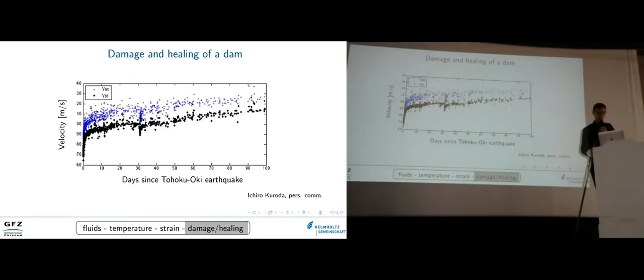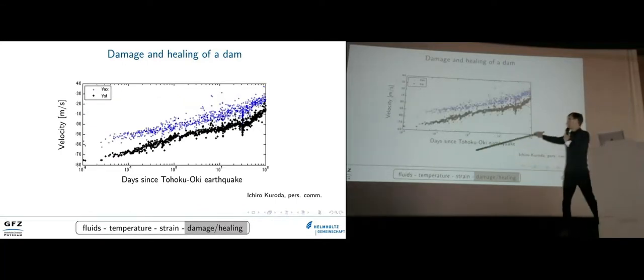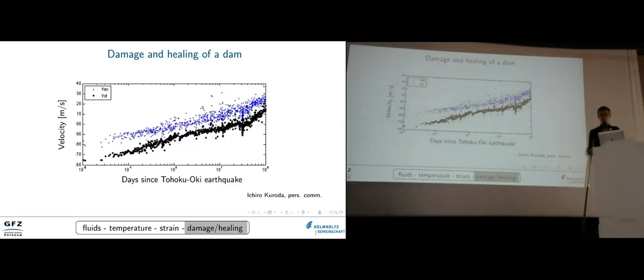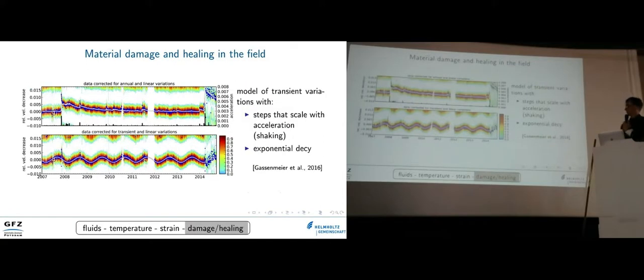And the interesting thing, and we will see that later, and we've seen that before, is that this shows this linear behavior on a logarithmic timescale. So it is also some effect that is caused by the damage during the earthquake and subsequent healing of the dam. This is, again, earthquake-related damage that can be separated.